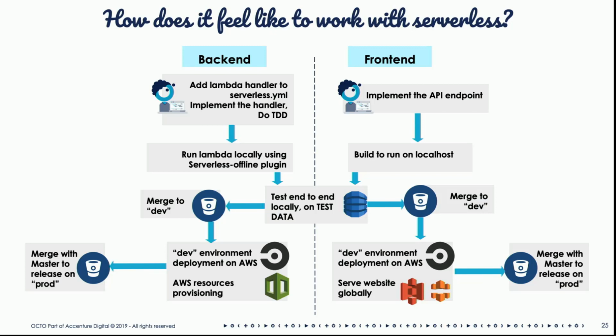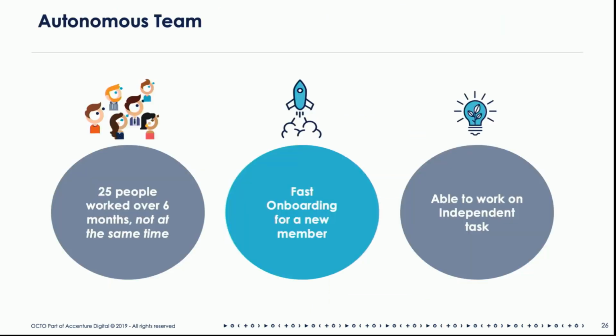And once you are happy with all that, and if you want to release it to prod, then you merge it to master, and it will take care similarly to deploy everything on the prod environment. And as a result, we had an autonomous team. For example, over 6 months, we had 25 people working on this, not all of them at the same time.